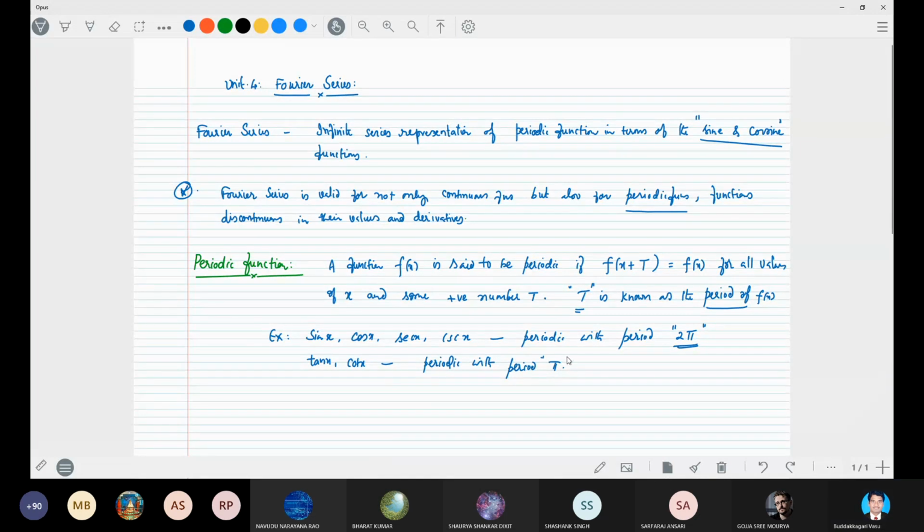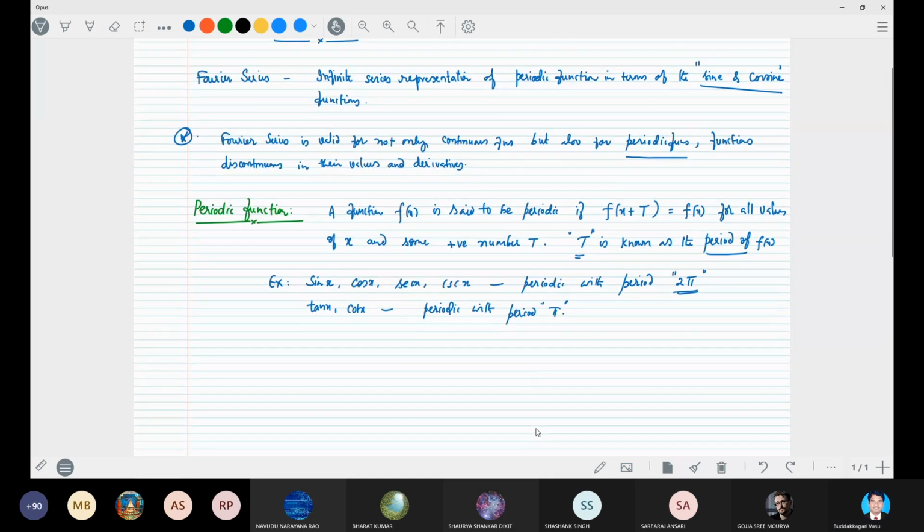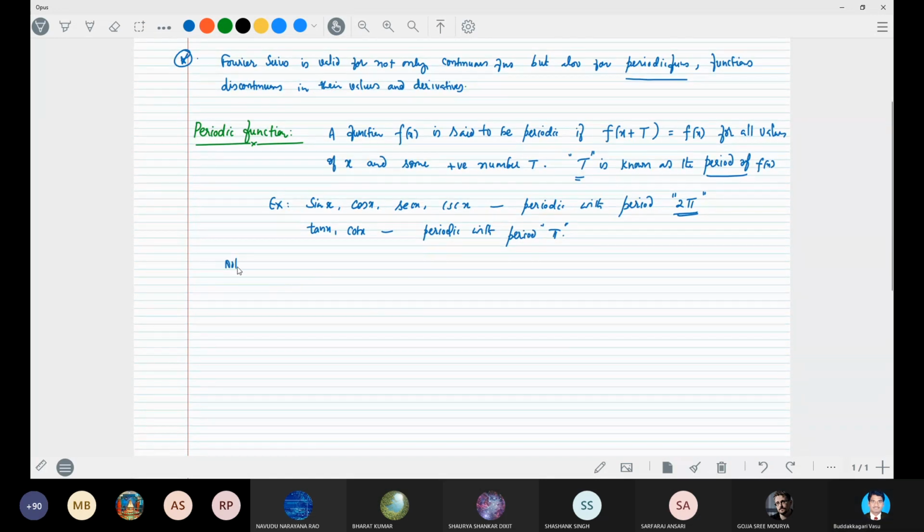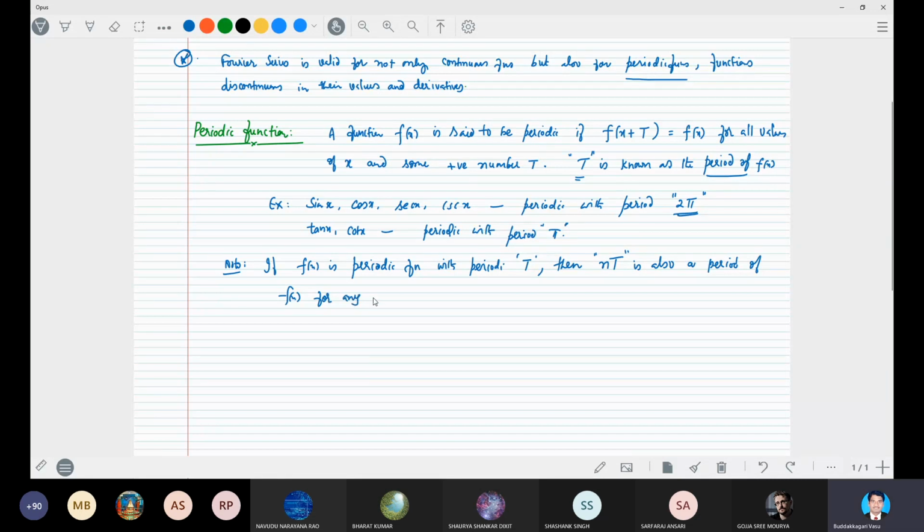Suppose f(x) is a periodic function with period, say, T. Then n times T is also a period of f(x) for any integer n.